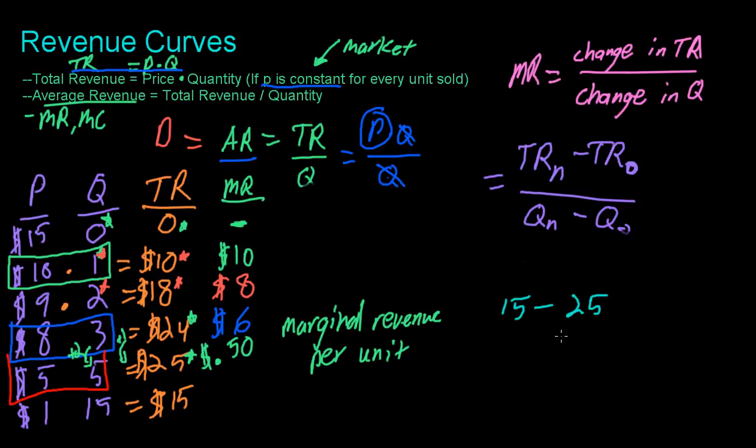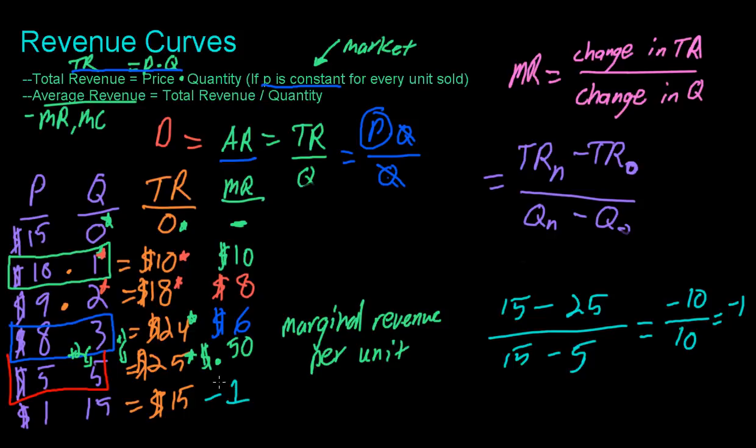So we're now making less, over 15 minus 5, our old quantity. So we have 15 minus 25 is negative 10, over 15 minus 5 is 10, and we see that we are losing $1 per burger, negative 1.